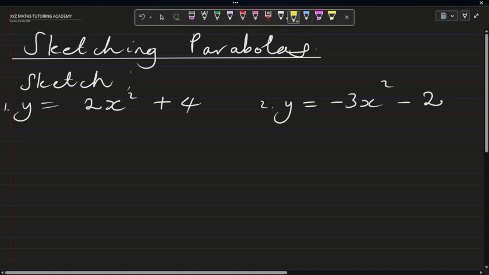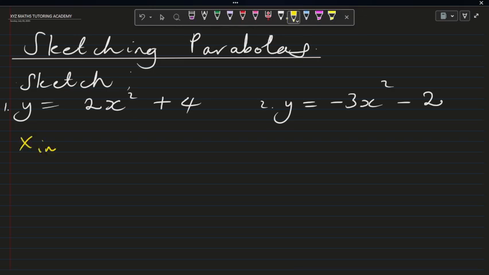Now, for number 1, let's determine the x-intercept first. Remember, to determine the x-intercept, you have to let y be equal to 0. If we do that, we will have 0 equal to 2x squared plus 4.